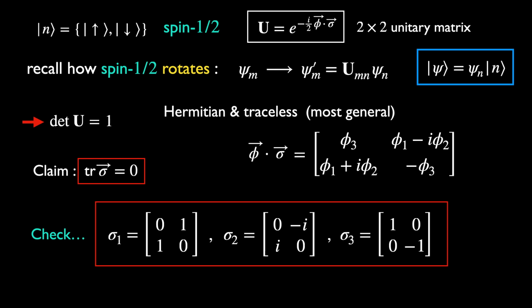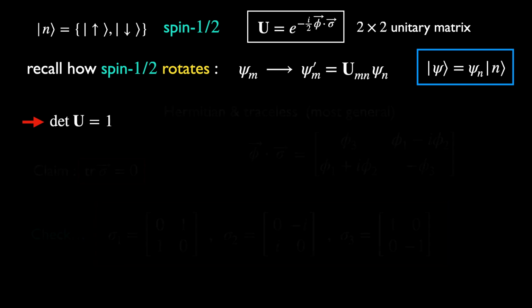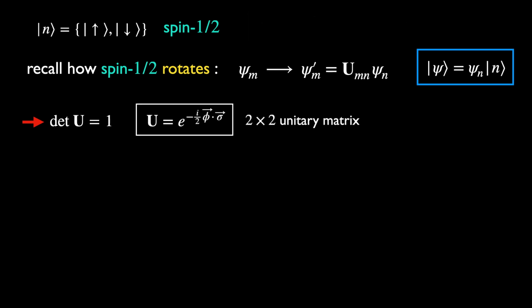This is a rather important result in quantum mechanics, which will be revisited again and again. Such matrices belong to the group SU2. U2 are 2x2 unitary matrices, and S, for special, means they have determinant 1.